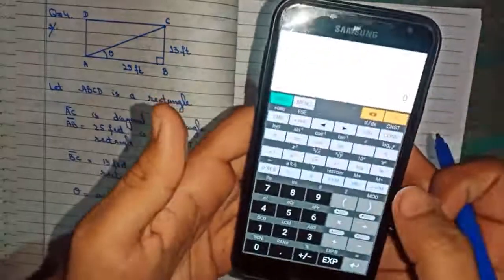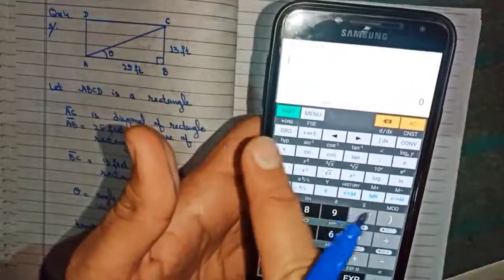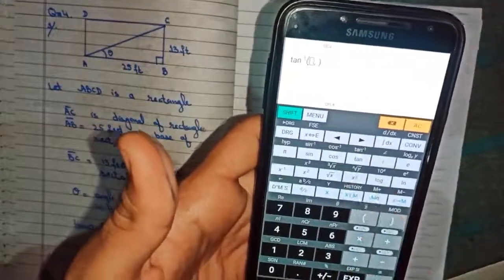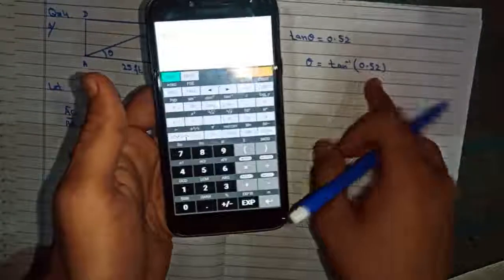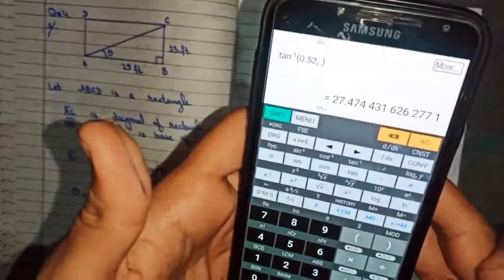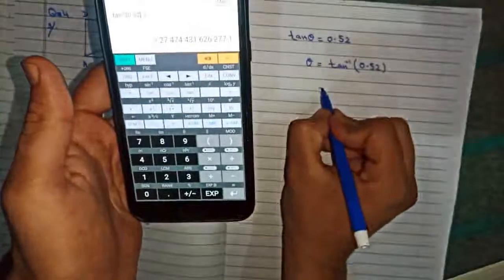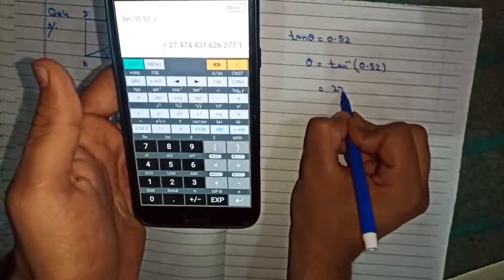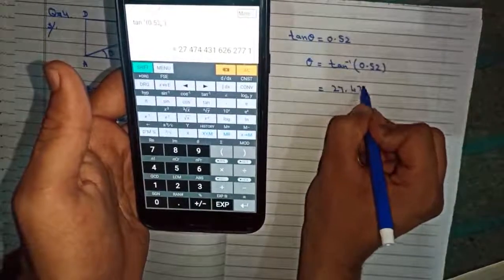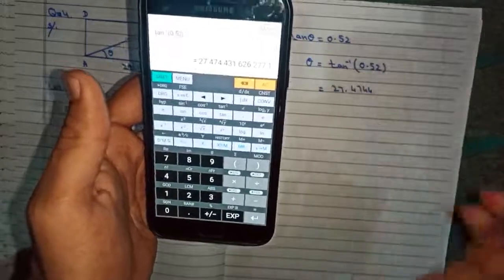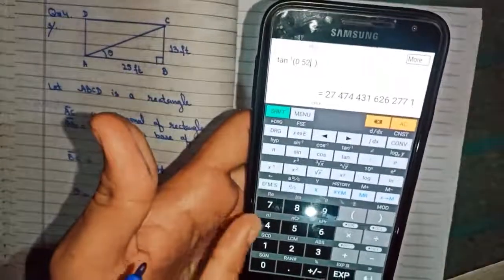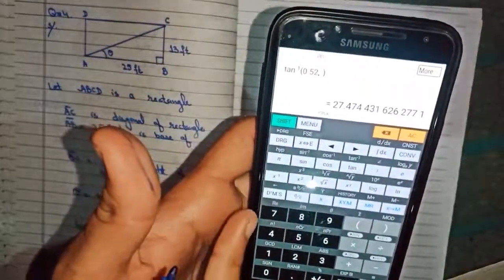Now to find tangent inverse, on your calculator press shift tangent, it is tangent inverse, and next write the value 0.52. It is equal to 27.4744. And on your calculator you can check a button, degree, minute, second.